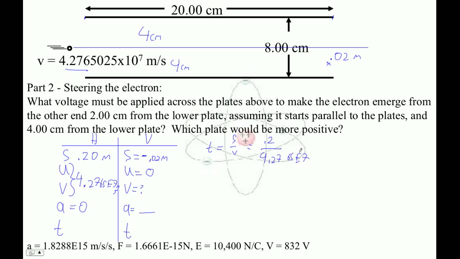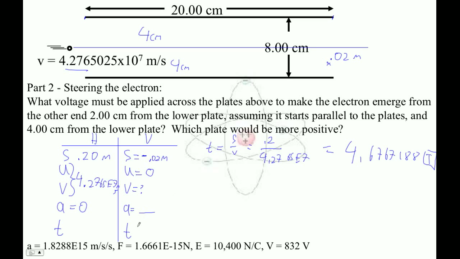I've stored this in my variable v, so I'm just going to divide by that exact number, right? And I get that the time is 4.67, and I'm not rounding at all, so it's 188, etc. And I'm going to store that in my variable t, okay?